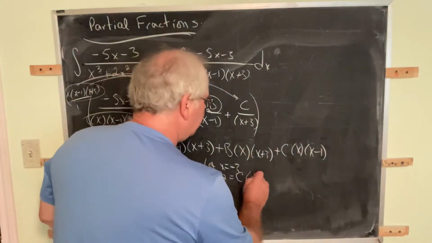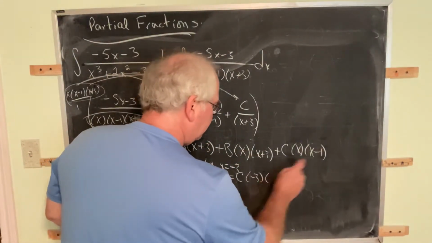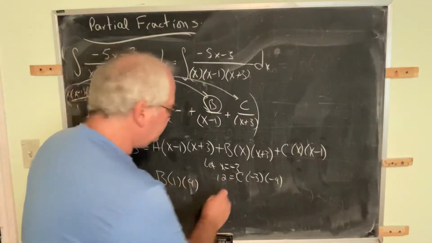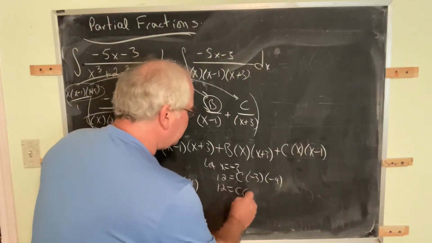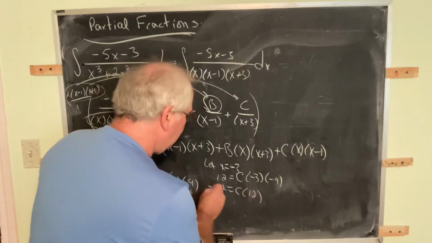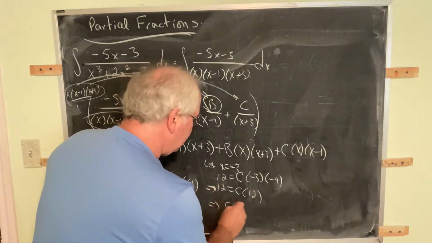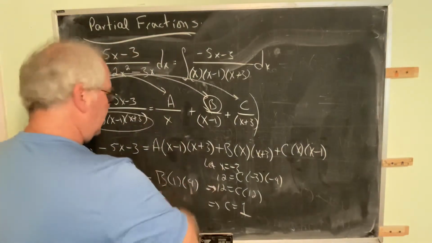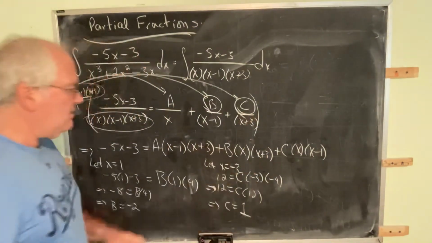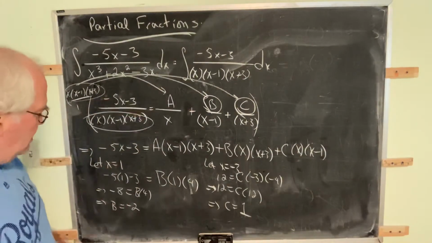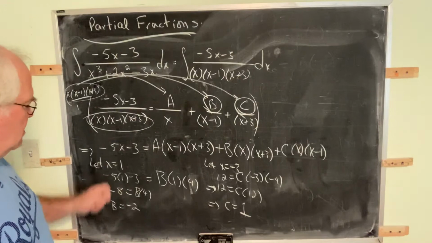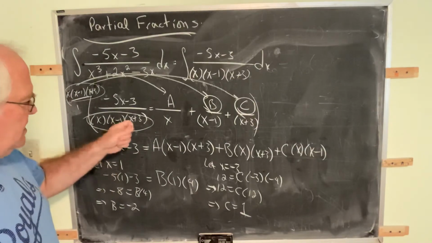This is c times -3 times -3 minus 1, which is -4. So I have 12 is equal to c times 12. That implies that c is equal to 1. And now we have that, right? We have b is -2, we have c is 1. So we've let x equal 1, we've let x equal -3.